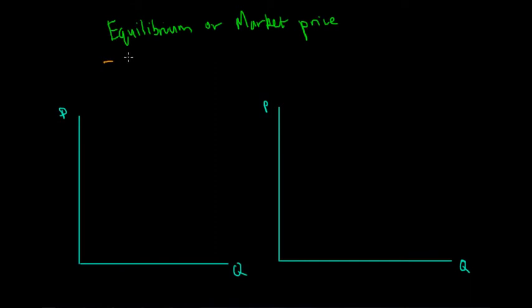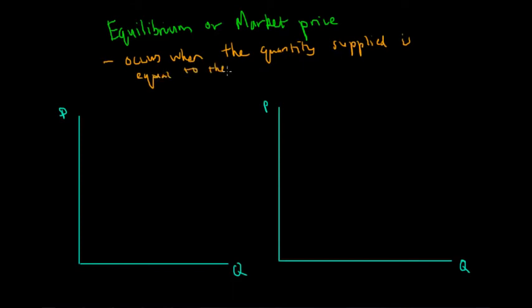So the equilibrium occurs when the quantity supplied is equal to the quantity demanded.